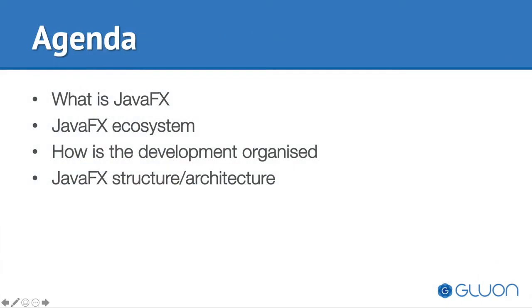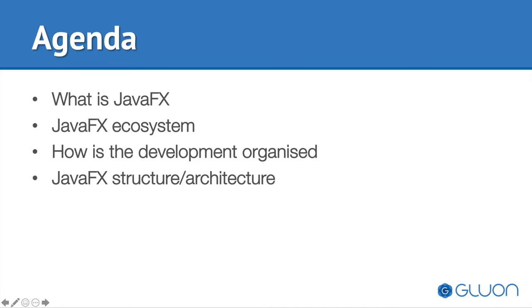30 minutes is not a long session, so we are going to try to stick to the most essential parts that I want to explain. We'll first of all talk about JavaFX itself. What is JavaFX? Then, an important part of the success of JavaFX is due to its ecosystem, so it's important that I spend a few minutes on the JavaFX ecosystem.